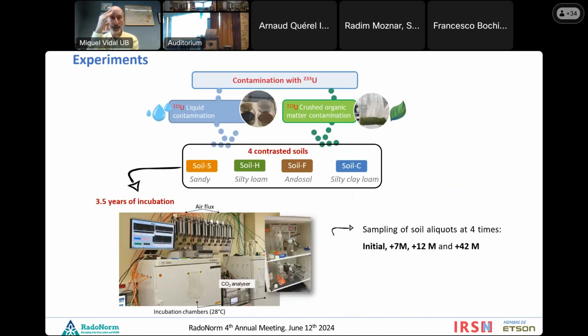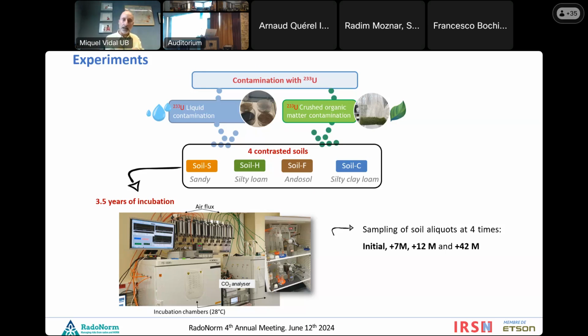So they have contaminated 4 different soils, ranging from sandy soil to organic soil and mineral soils with different texture. So they've been working with 4 contrasted soils, and they have been contaminated with 2 different source terms. One is uranium in a liquid solution, so it's a liquid contamination, and the second source has been based on a crushed organic matter material.